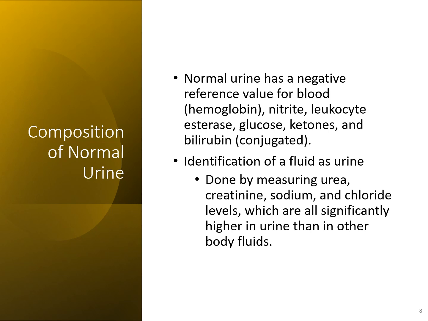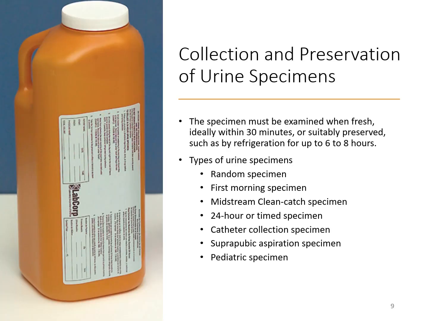With collection and processing of urine, you want to look at fresh samples, ideally within 30 minutes. However, it's not always feasible that a urine can be processed right away. In those situations, it would need to be refrigerated or have some sort of preservative.